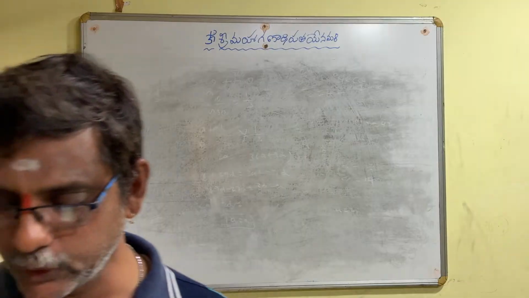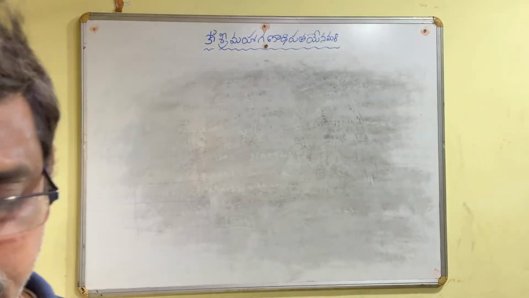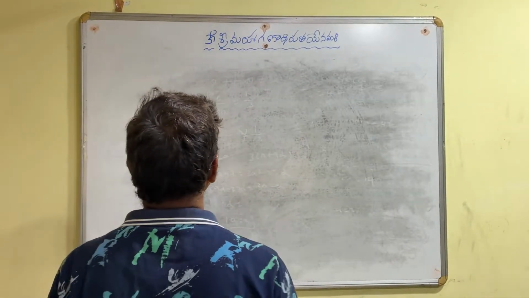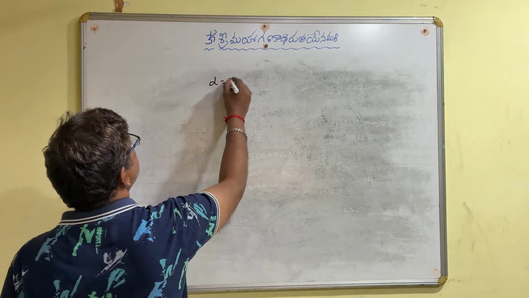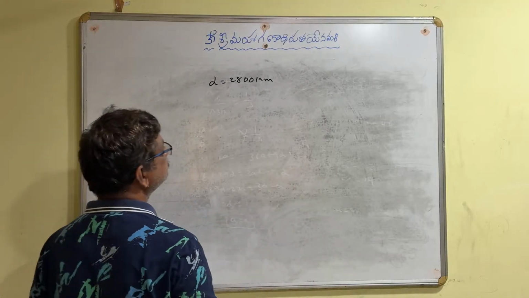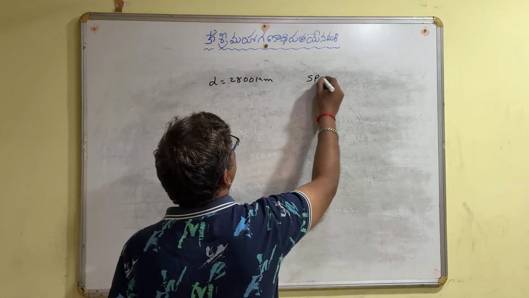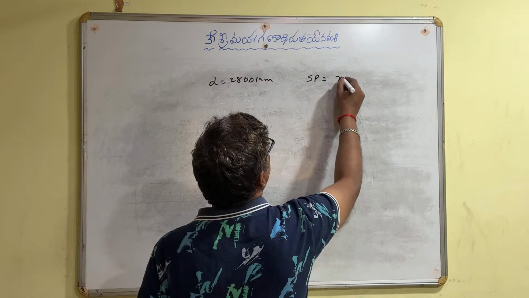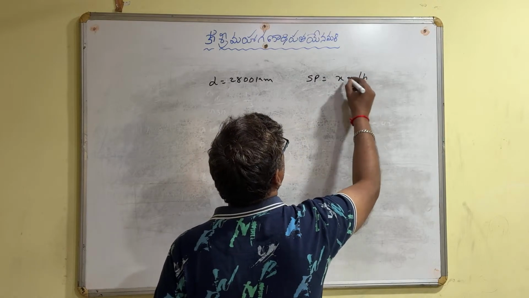Find the original duration of the flight. So here, distance traveled is 2800 kilometers. Let the speed of the flight be x kilometers per hour.